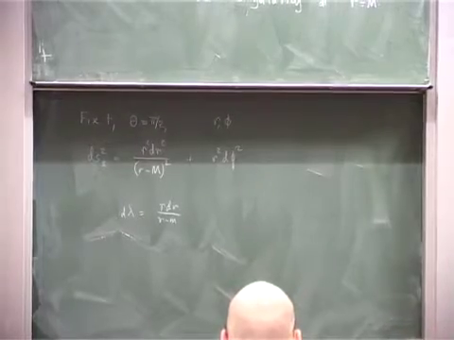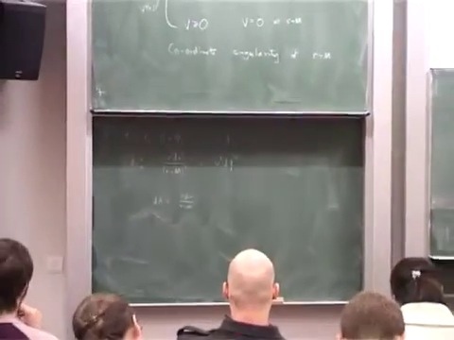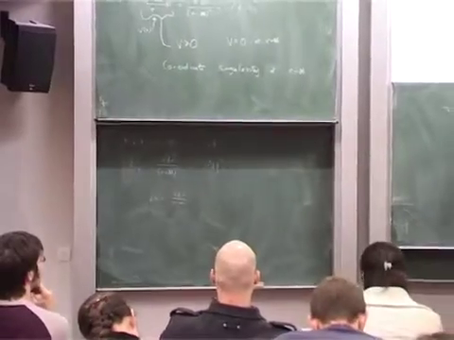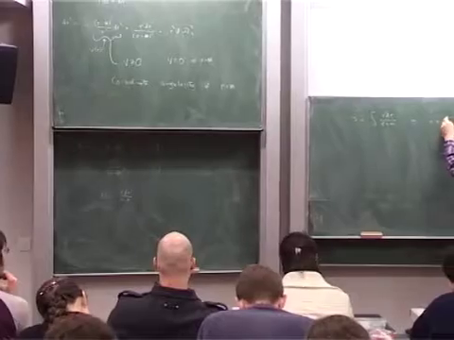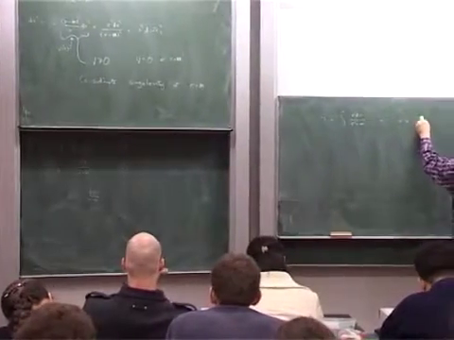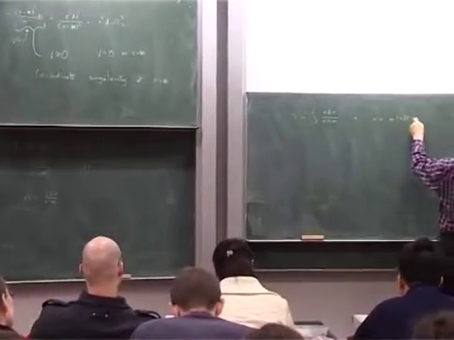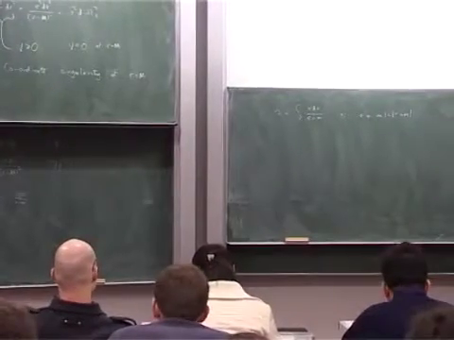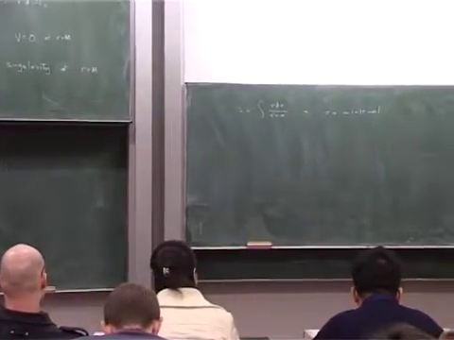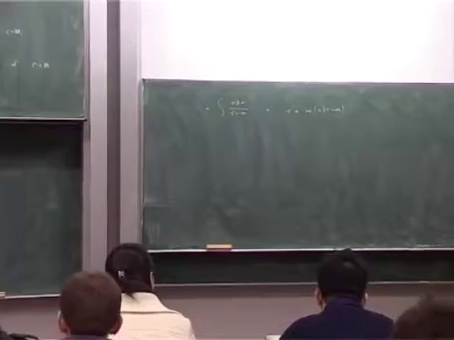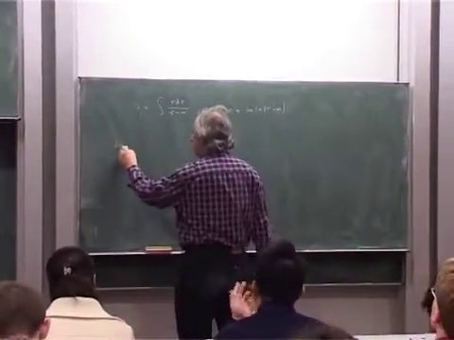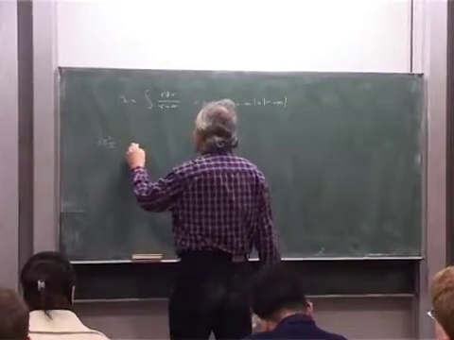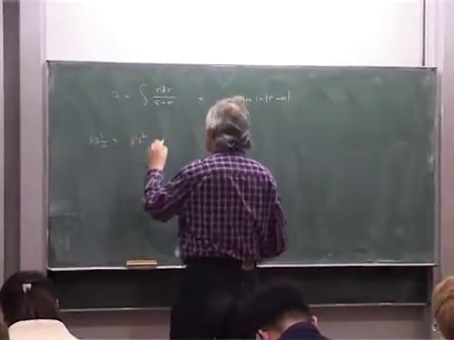So lambda is the integral of r dr over r minus m, which is the same thing as r plus m times the logarithm of the modulus of r minus m. So you will see, of course, that diverges as r goes to m in some rather unpleasant way, but ds squared is equal to d lambda squared.